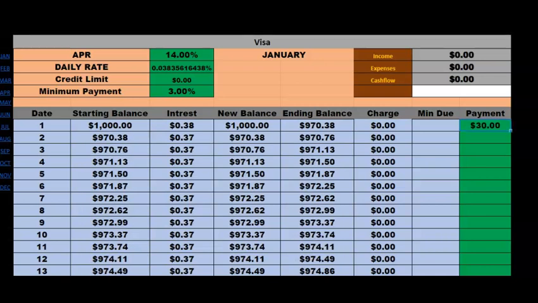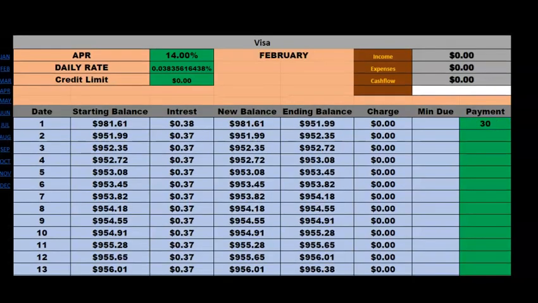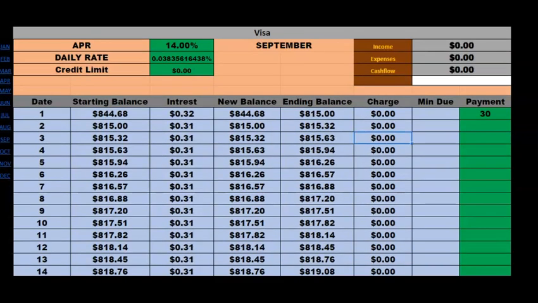So we make our minimum payment in January, February, March, April, May, June, July, August, September, and we paid the other credit card off in October.